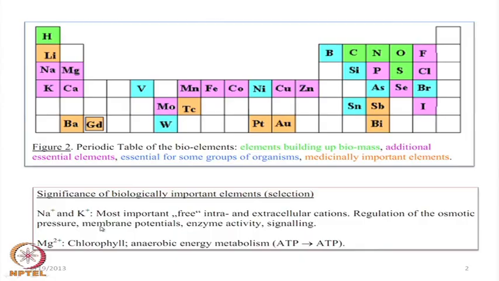So, sodium and potassium are important in the free form and in the bound form as intra and extracellular cations. Some of these cations are present in large amounts, with the concentration higher outside the cell, and some have higher concentration inside the cell.